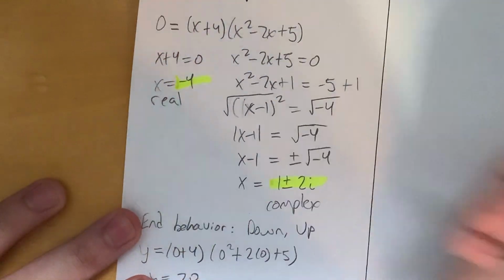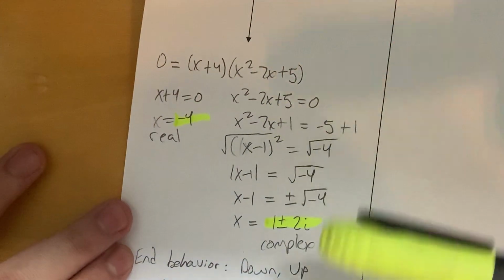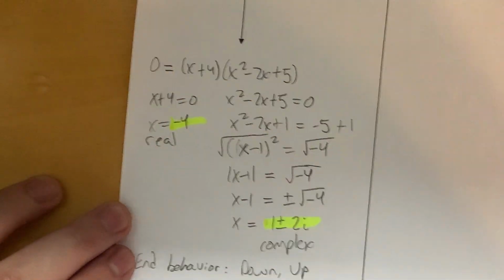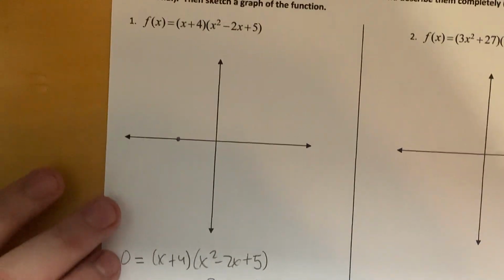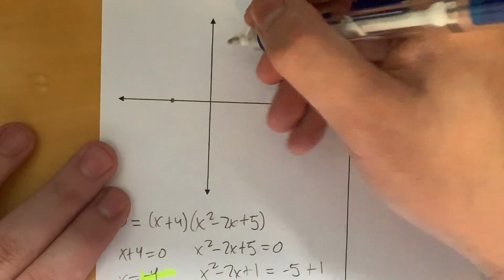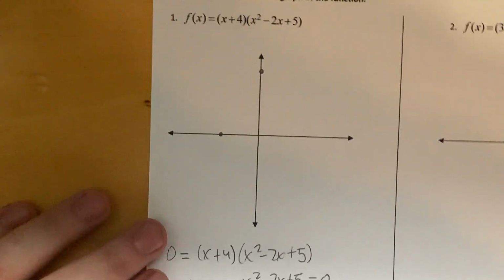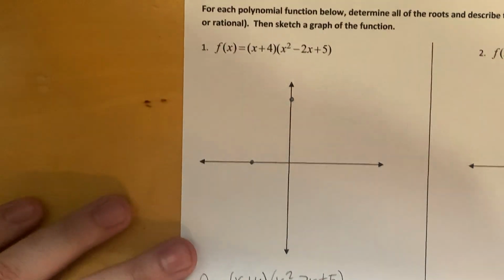Here's one, here's the other. Just so you guys know that these are my roots. We've already found them. So let's sketch the function. I'm going to put in my y-intercept as well, (0, 20), somewhere up here, which is fine. It doesn't have to be exact, although the rest of my graph isn't going to be exact.